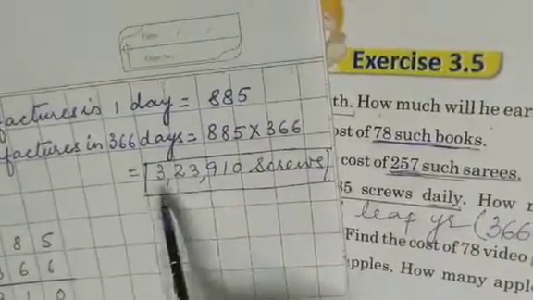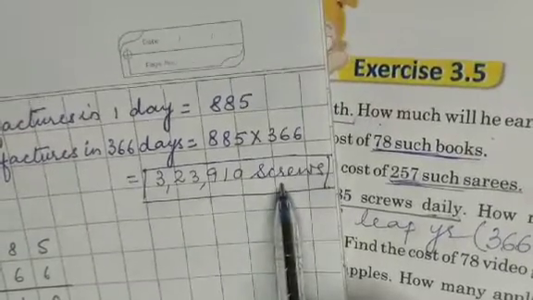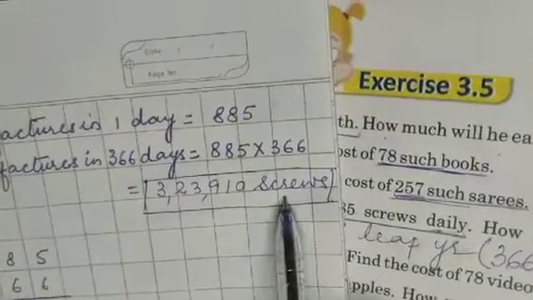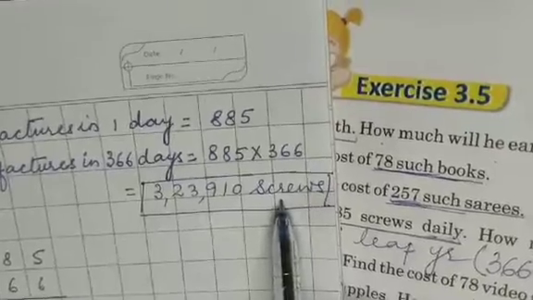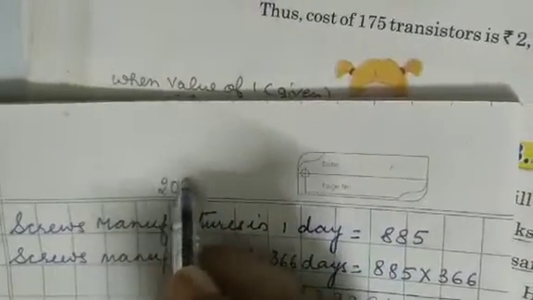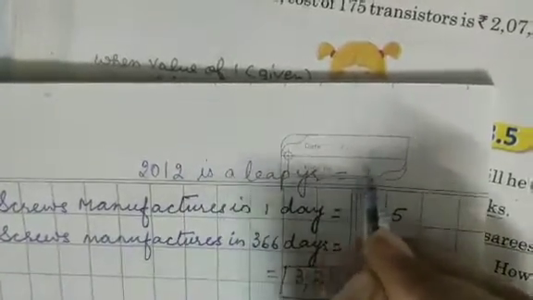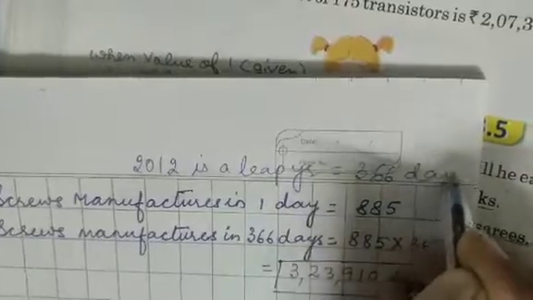So this is 3,23,910 screws, which a machine manufactured in the year 2012. Okay, 2012. You can write here in your copy, 2012 is a leap year, means 366 days.